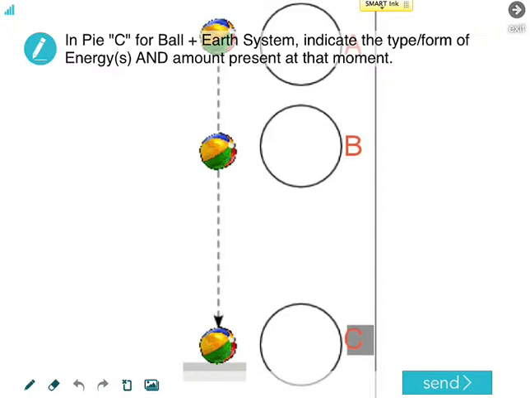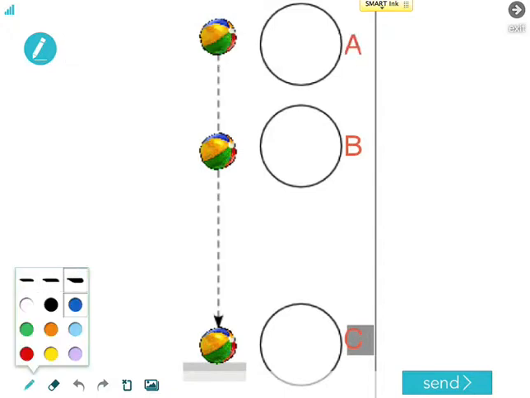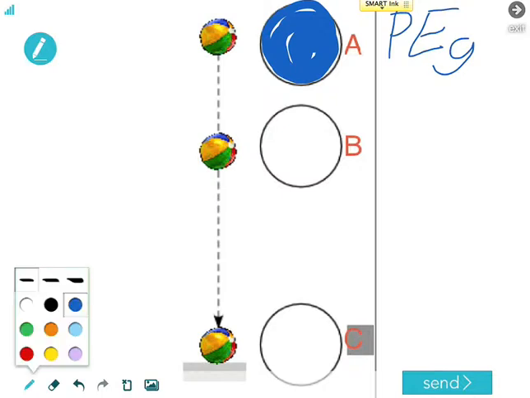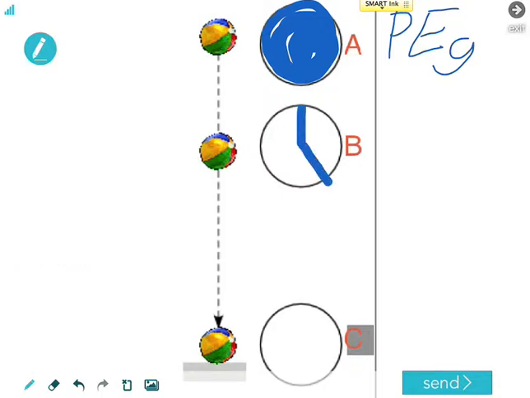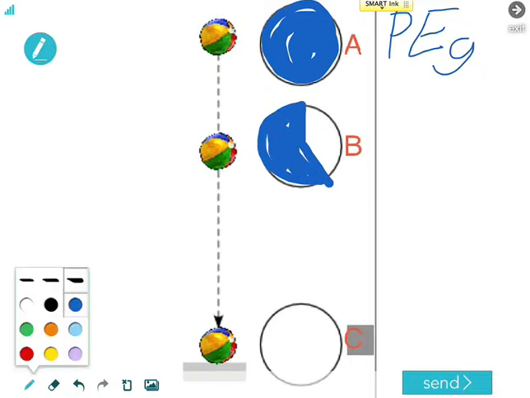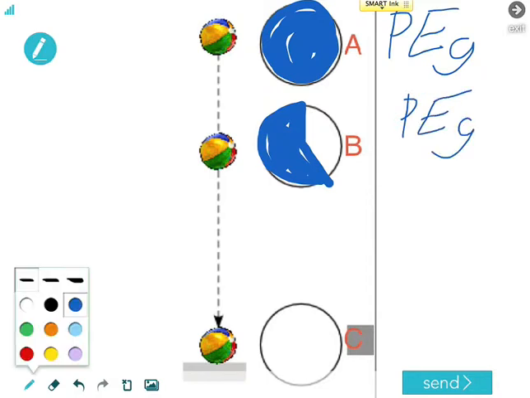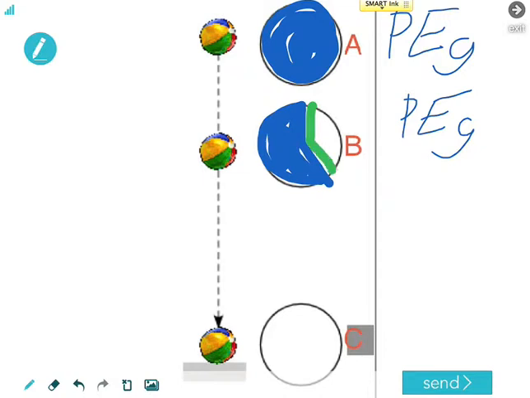Alright, now let's do the whole thing. So we will start back up at pie chart A, and we know that that's 100% potential gravitational energy. Then pie chart B is roughly 2/3 potential gravitational energy and roughly 1/3 kinetic mechanical energy.